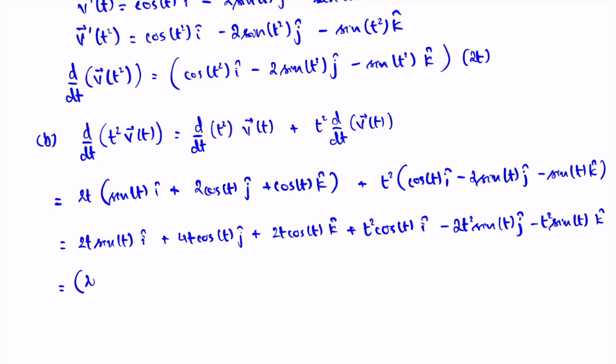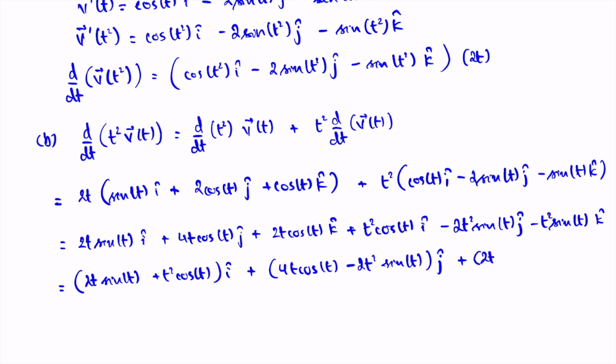This is equal to 2t times sine of t plus t squared times cosine of t i plus 4t times cosine of t minus 2t squared times sine of t j plus 2t times cosine of t minus t squared times sine of t k. And that's it for part B.